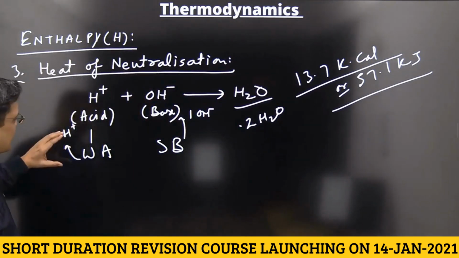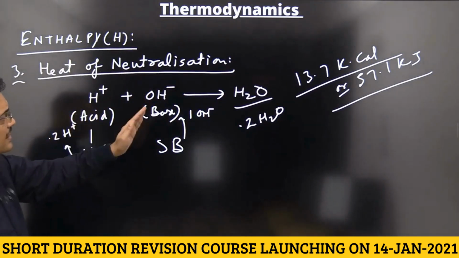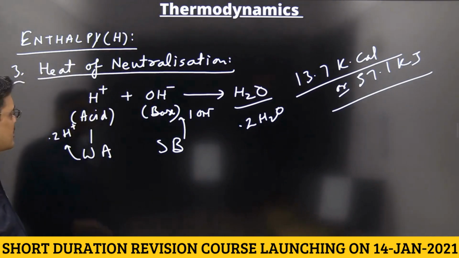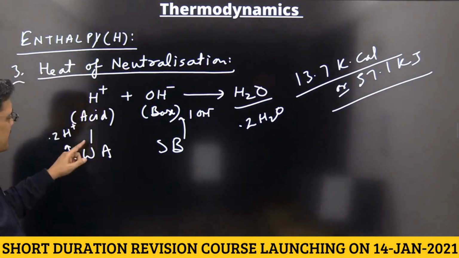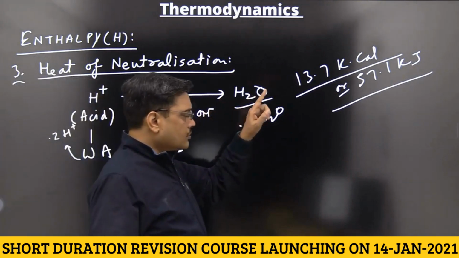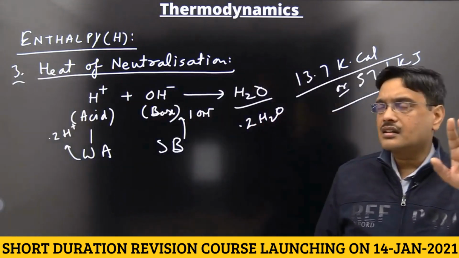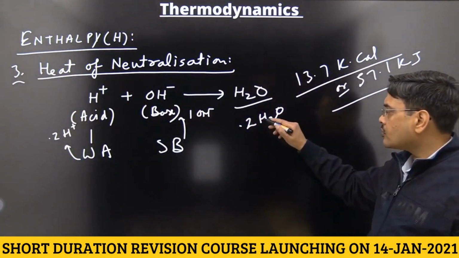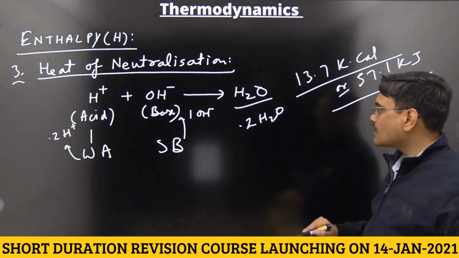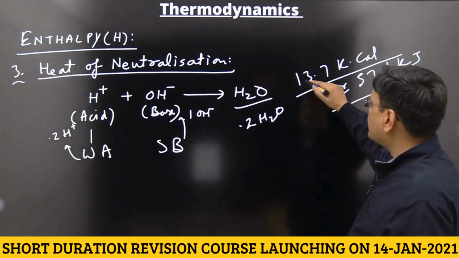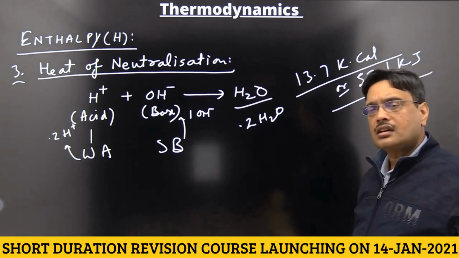It is present in less quantity, so the limiting reagent concept is applied. According to the limiting reagent, water is formed, so only 0.2 mole of water is formed, and in the formation of 1 mole 13.7 kilocalorie is liberated.